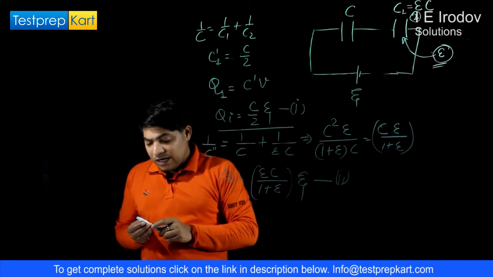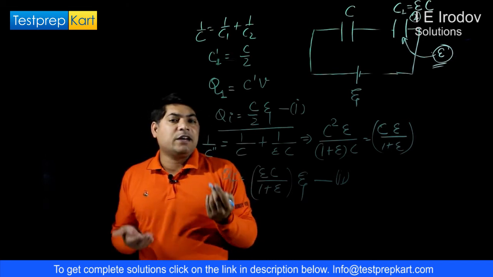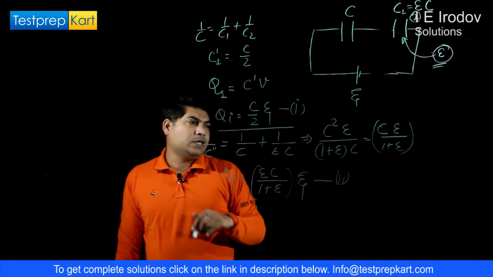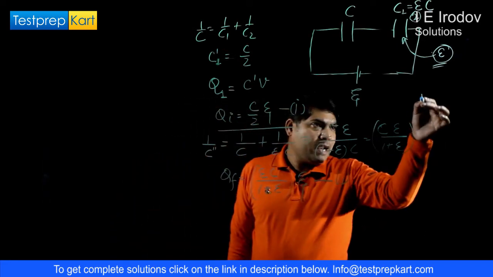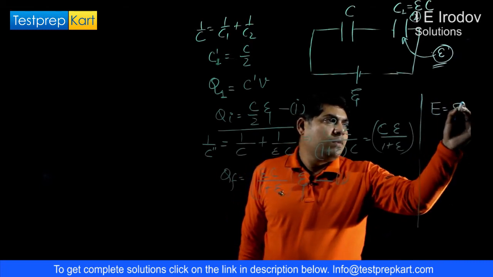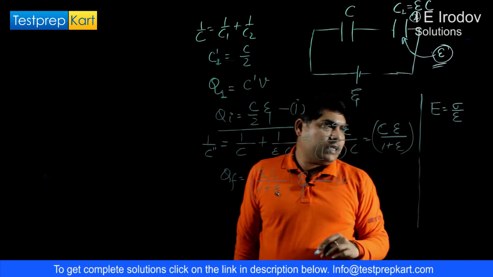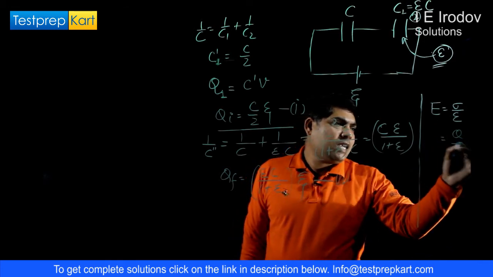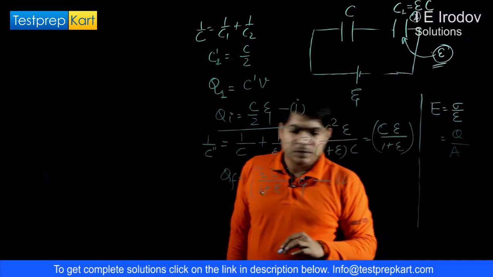Now we have to find the change in electric field due to introduction of the dielectric. For a parallel plate capacitor, electric field is equal to sigma over epsilon, and sigma is net charge divided by the area.